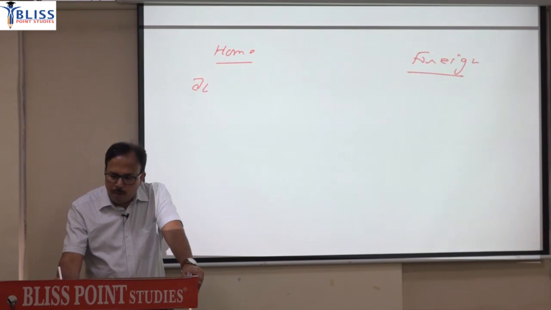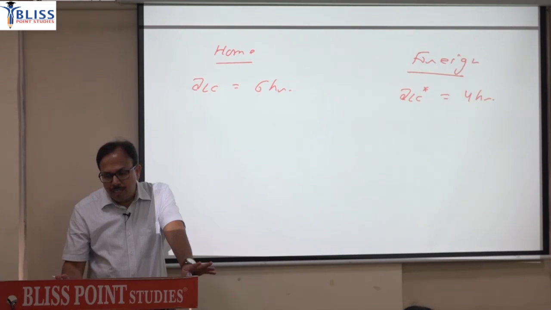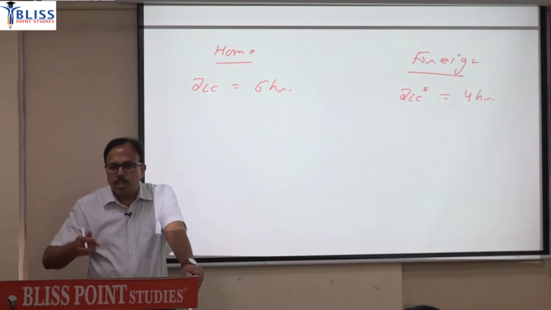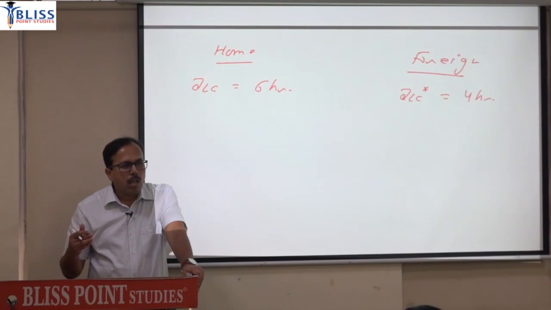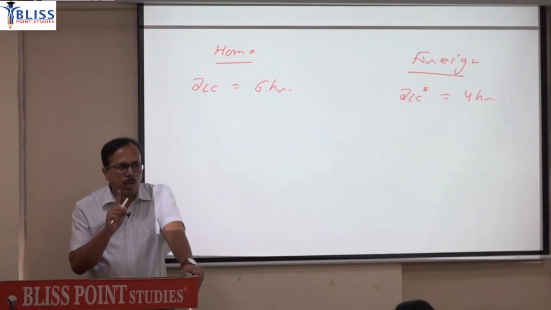If unit labor requirement for home country is 6 hours and for the same commodity in the foreign country it is 4 hours, तो सिर्फ चीज़ के लिए अगर रेफर कर रहे हैं तो which country will have cost advantage. ये यूनिट लेबर रिक्वायरमेंट है, मतलब एक यूनिट को प्रोड्यूस करने में 6 आवर होम कंट्री में लगेगा, 4 आवर फॉरेन कंट्री में लगता है. तो दैट मीन्स फॉरेन कंट्री कैन प्रोड्यूस in less time. So foreign country has absolute advantage. ये absolute advantage है because we are referring only one product.